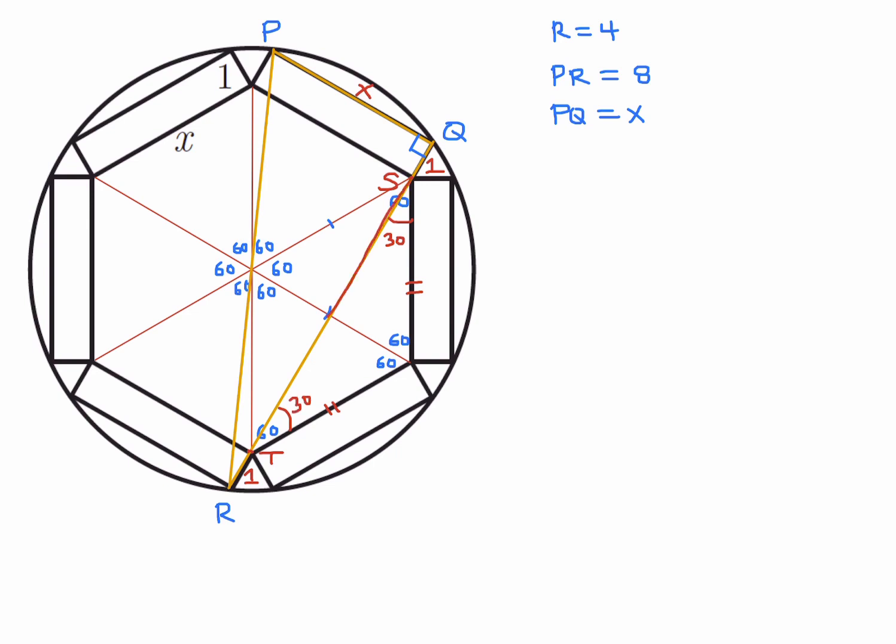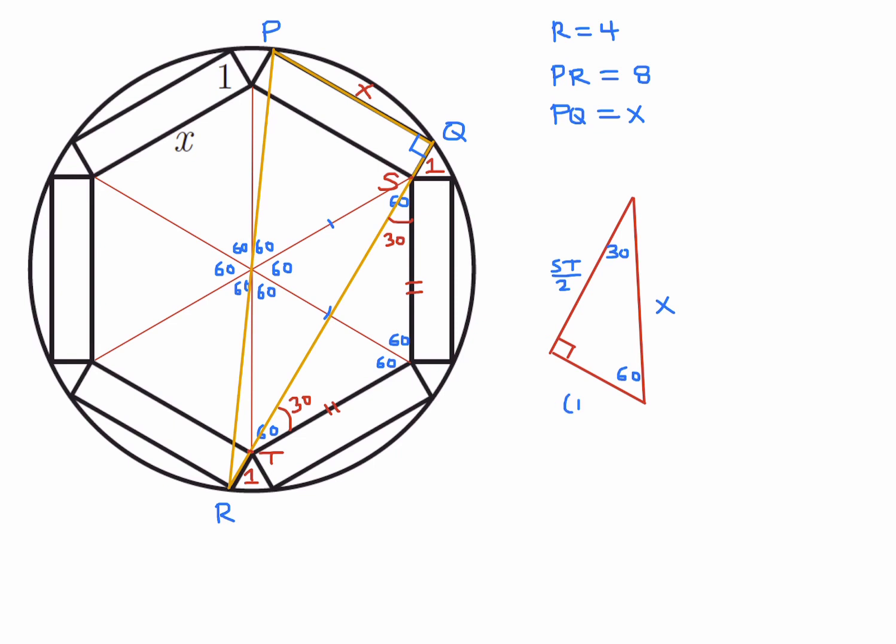What I'm going to do is just look at this triangle right here. I'm going to actually draw it out here to avoid making this diagram too messy. And there you go. That's that triangle, 30, 90, and 60. And this side is x. And this is what we're going to use to figure out the distance from S to T. This side here, I don't know what it is, so I'll just call it ST over 2, which is basically what it is.